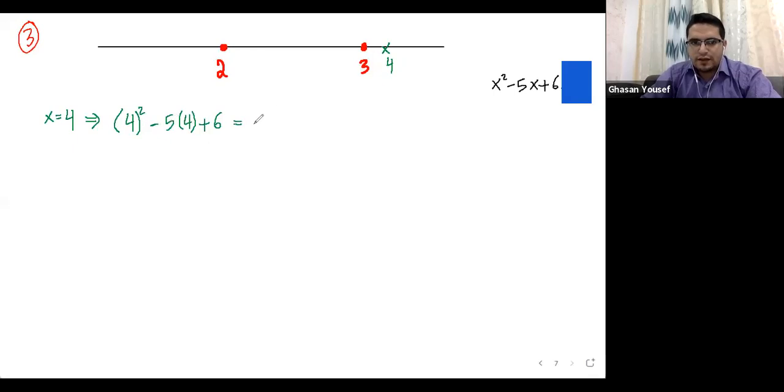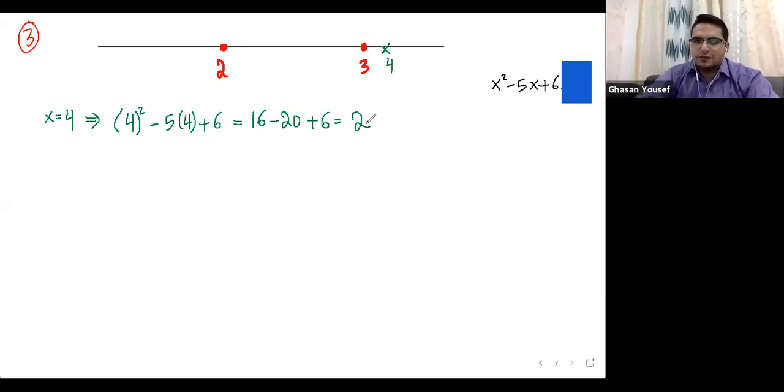Okay, let's do it together. 4 squared, I get 16, minus 20, plus 6. 16 minus 20 is minus 4, plus 6 is 2. Bilal said 2. This is correct. It's not 42. So it is 2.